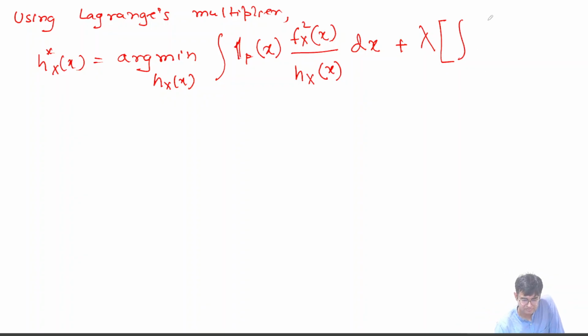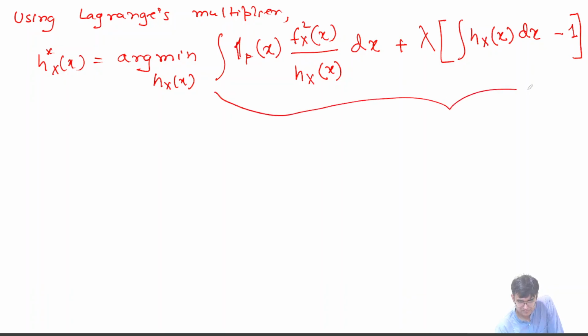So, the integration of hx x dx minus 1. Okay, any doubt? This is fine. In both the integrations, you note that the integration limit is minus infinity to plus infinity, which means the two integrations can be combined. So if I combine this, what will I get?